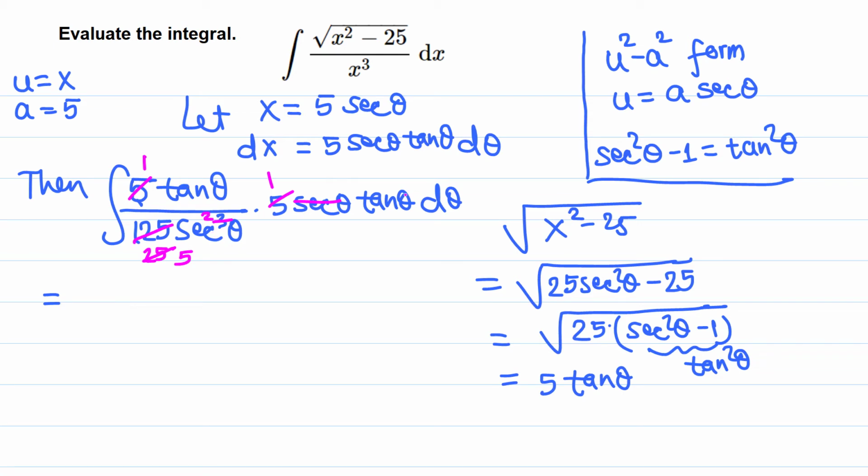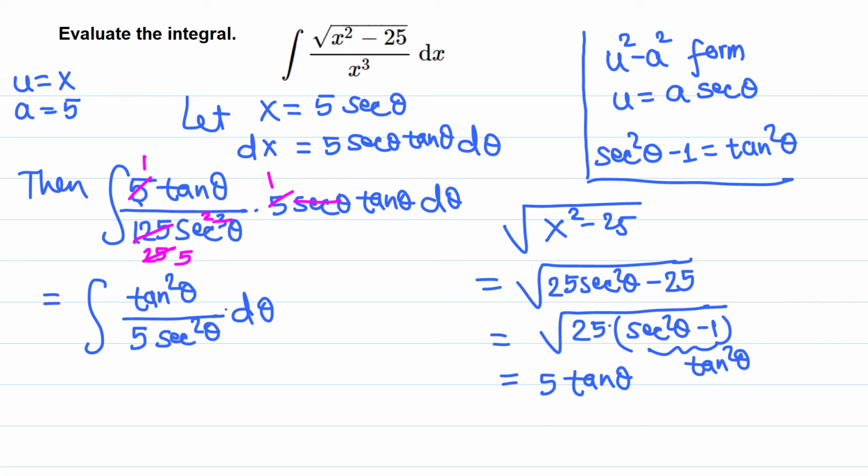Tangent is on the top, so we multiply. So this integral becomes, on the top, tangent squared theta. On the bottom we have 5, and we canceled 1 copy of secant, so secant squared, d theta. We can pull the 5 outside. It's 1 over 5.